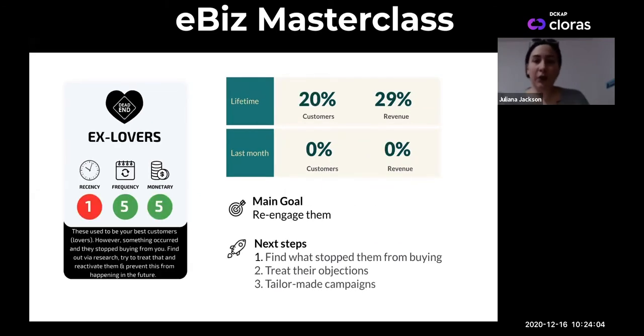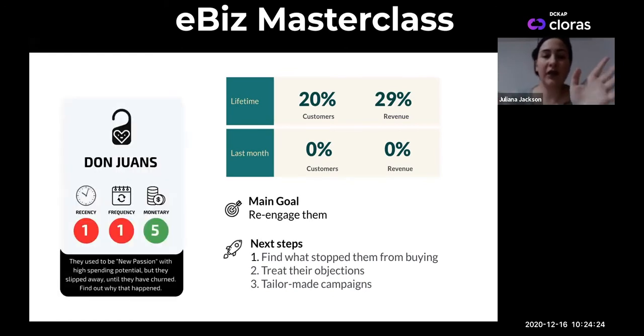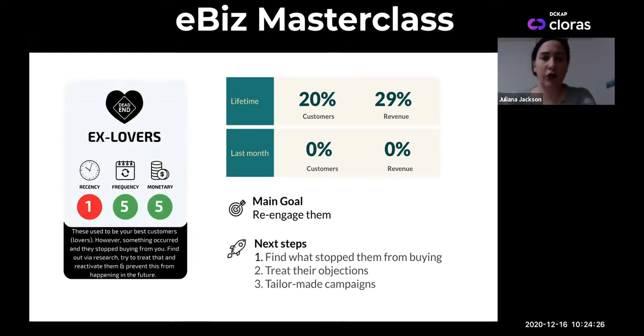So that's why it's very important to do the RFM segmentation. And it's very easy to do it with Reveal, because once you connect Reveal to your store, the groups are gonna appear automatically, and you will know exactly what the types of behaviors are that your customers have. So these are a few groups here that I just scrolled through, and you can see by the names they have, everyone loves their names.